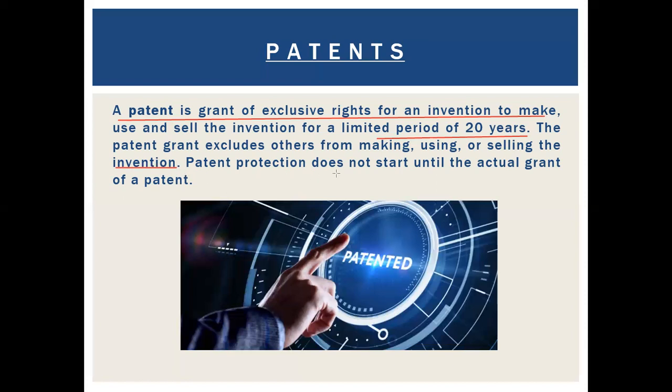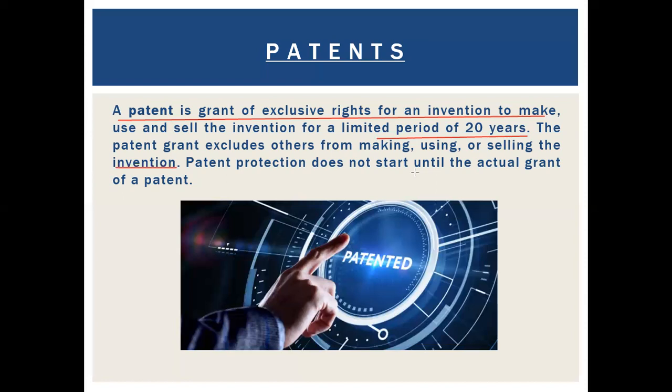Patent protection does not start until the actual grant of the patent. Obviously, until the actual grant of the patent is executed, you will not be able to get protection. One thing more: the patent owner normally has the right to decide who may and may not use the patented invention for the period in which it is protected.